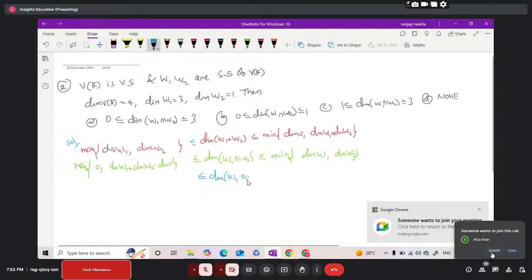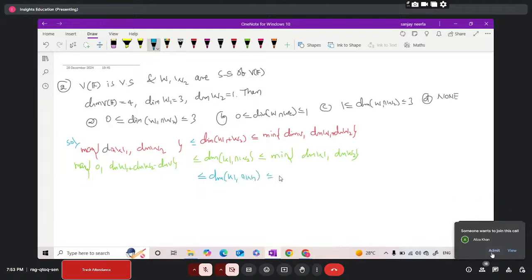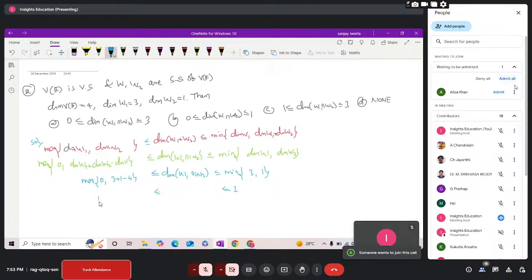Now the intersection of W1 and W2. So minimum of, what is the value? W1 is 3 and 1. So we'll get the minimum, which is 1. Now come to the left hand side. It is the maximum of 0 comma 3 plus 1 minus 4. So maximum of 0 comma 0.